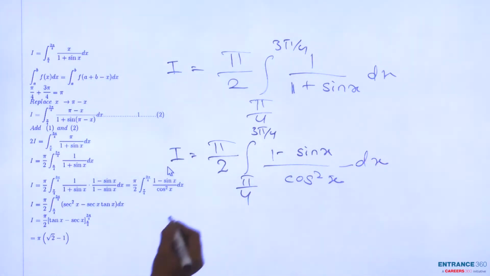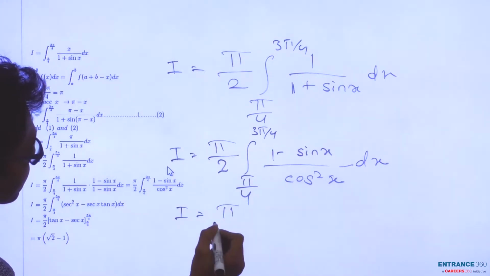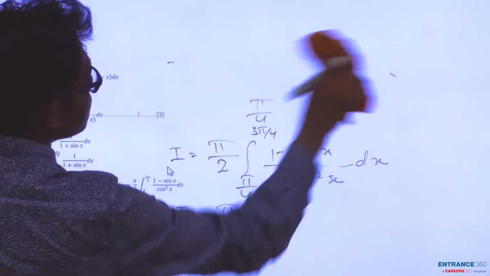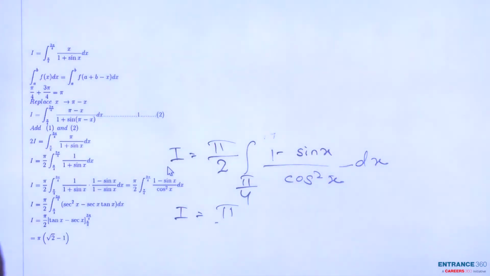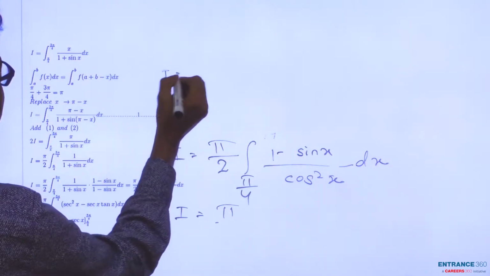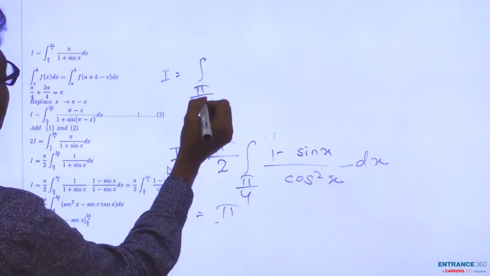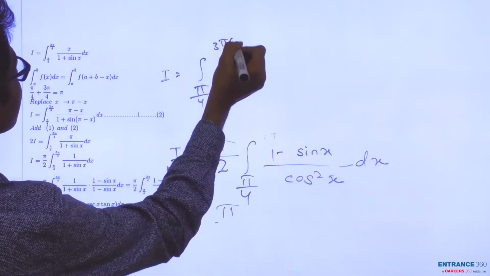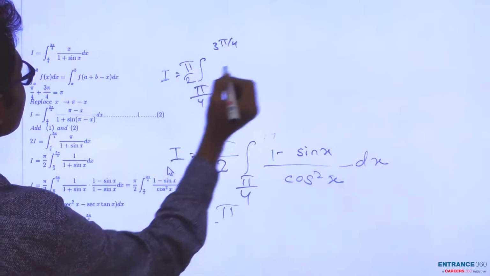So this integration becomes pi by 2, from pi by 4 to 3 pi by 4.